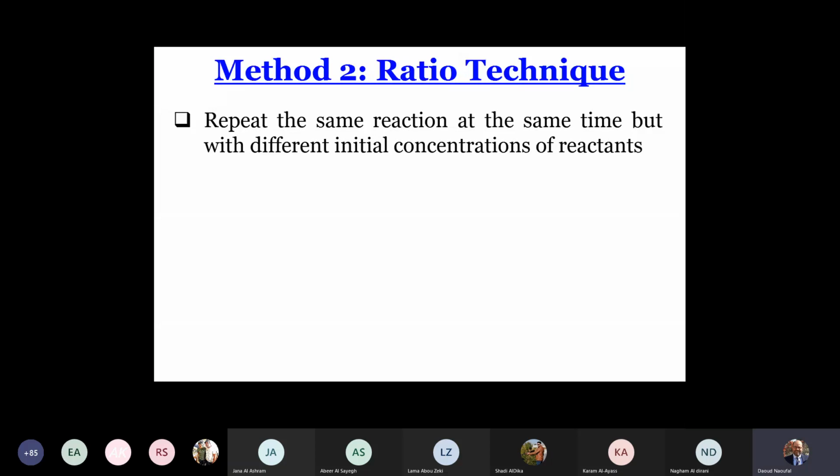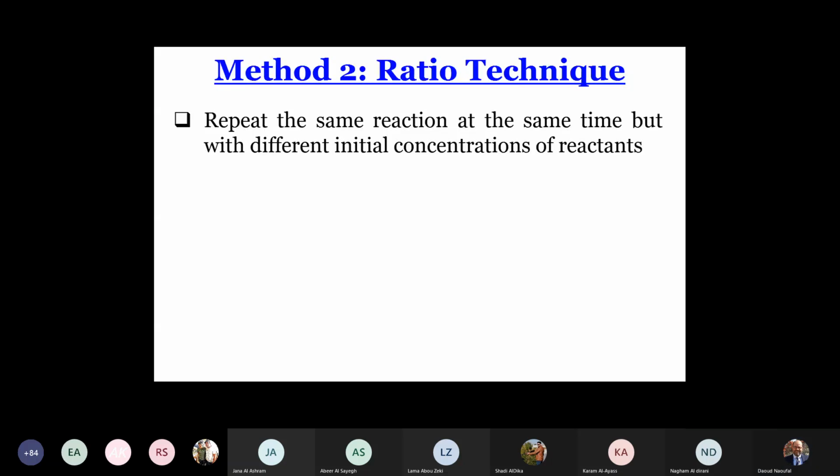Column 1 is time, column 2 the concentration of A at time t, column 3 the concentration of B at time t, column 4 RA at time t, column 5 RB at time t, and in column 6 you obtain the rate of the reaction as a function of time. So you obtain sets of data t, A, B, RA, RB, and R.